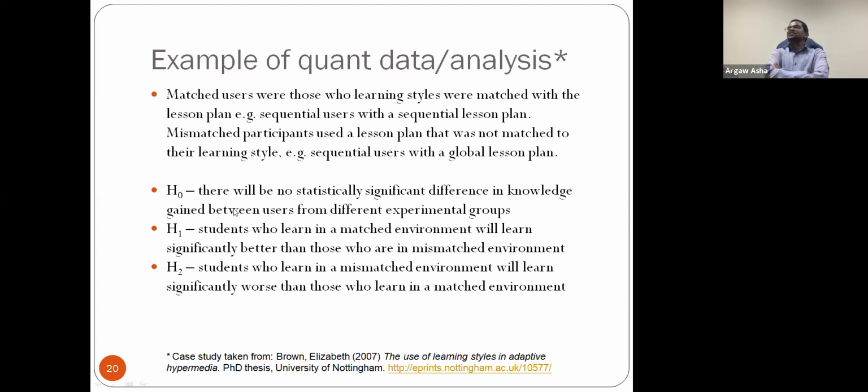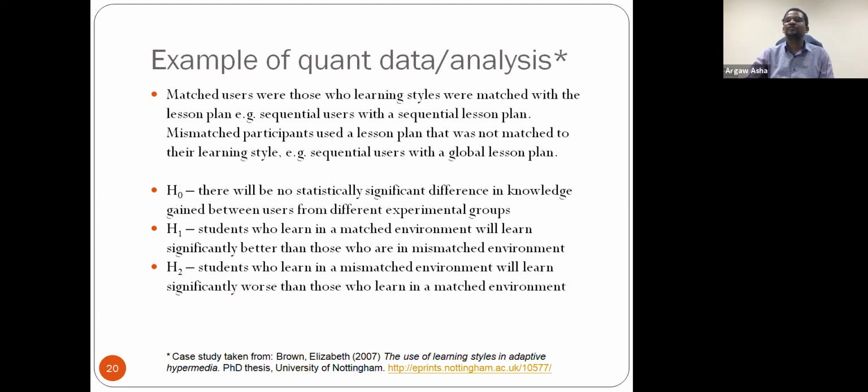When you see some of the examples, it depends upon the H0, H1, and H2 cases, how your analysis is working, and how statistically you can use the difference in knowledge, the gain you are gaining between experimental and the users.